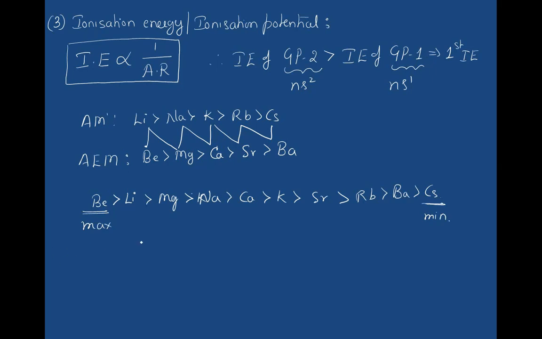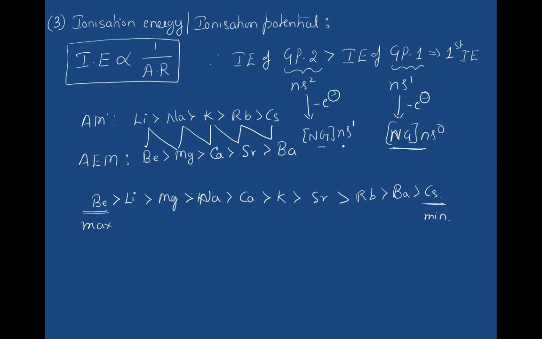But when group 1 elements give out an electron, the electronic configuration becomes [noble gas] ns0. When group 2 elements give out one electron, the electronic configuration becomes [noble gas] ns1.